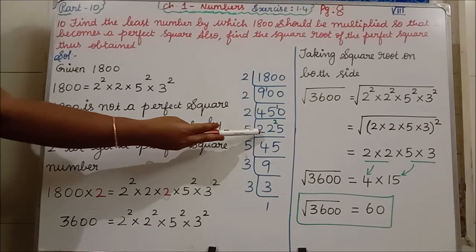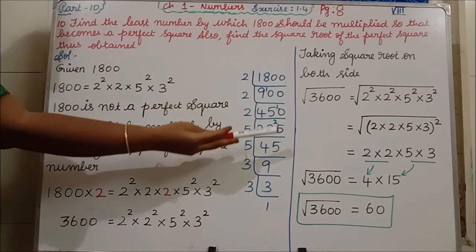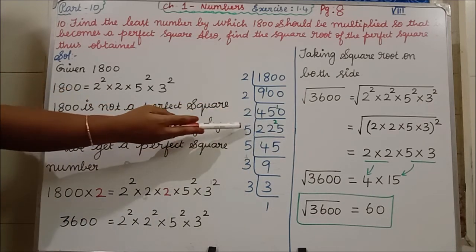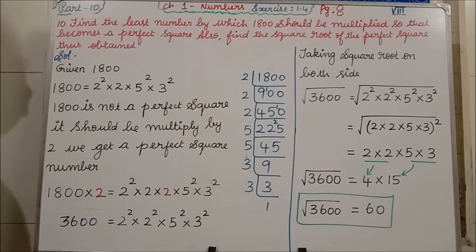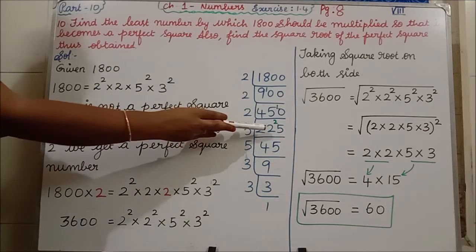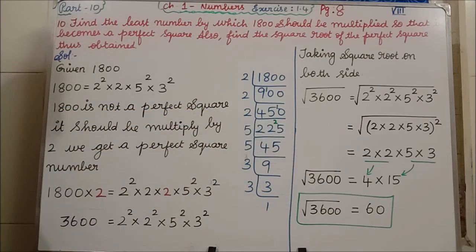Again 2 table, 2 2s are 4, 2 2s are 4, extra 1, 10, 5 2s are 10. Okay, 225 we have to do only in 5 table. So 4 5s are 20, remaining 2. So I have written 25. 5 5s are 25.